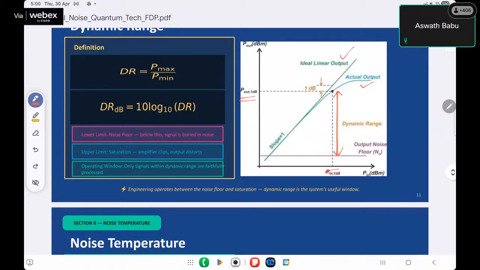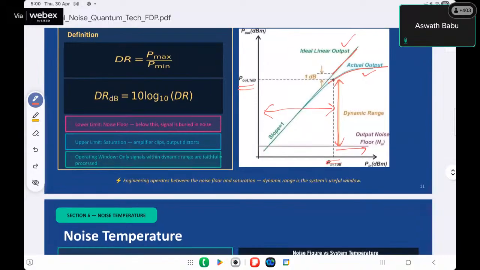We usually anticipate that as we increase the power, the output would keep going up. It does not; it saturates. So you should not keep working after saturation. You should limit yourself within this range where we have a very good, linear relation between input and output.